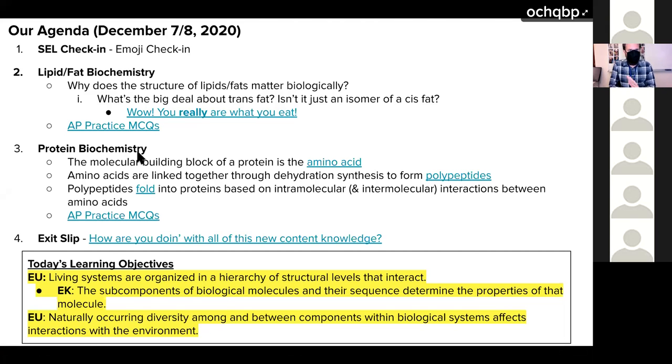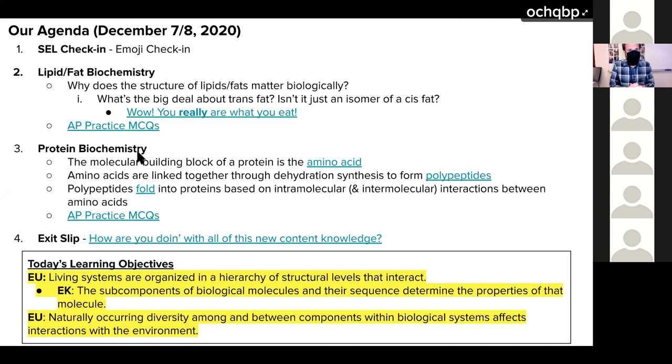But I thought we could spend maybe half the class looking at the biochemistry of fats, because we didn't have a lot of time during our time together last week to review that. So I've got some practice questions that we can do that might prompt some questions from you. Of course, you may be totally fine with all of it, and that's okay too.